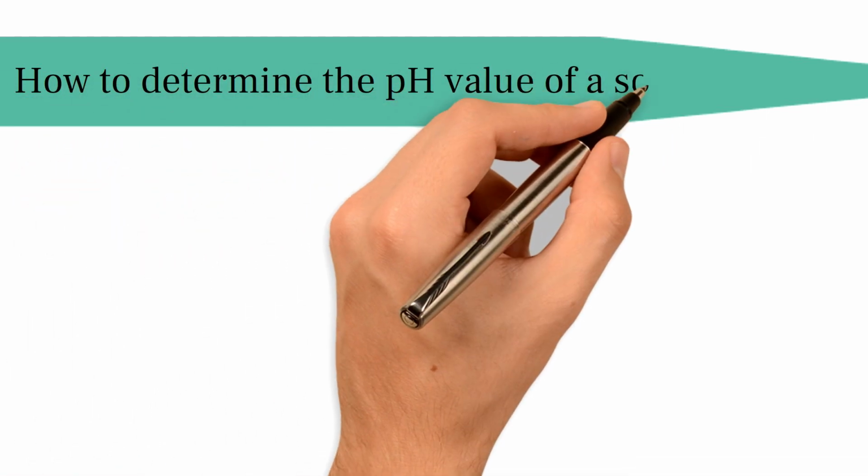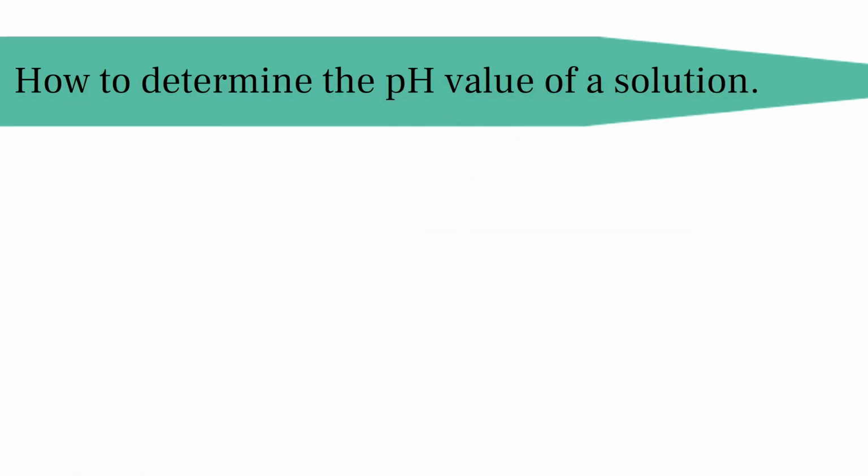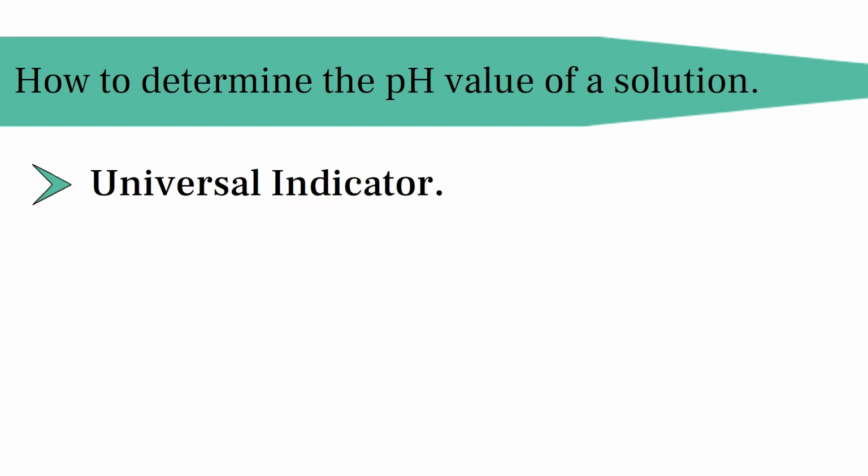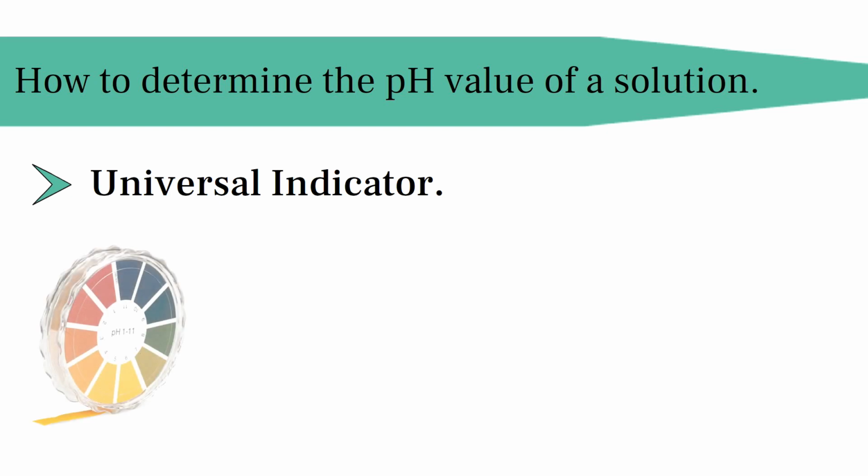There are several methods for determining the pH value of a solution. The first method is using a universal indicator, which is a mixture of several indicators that come in a liquid or paper strip form.